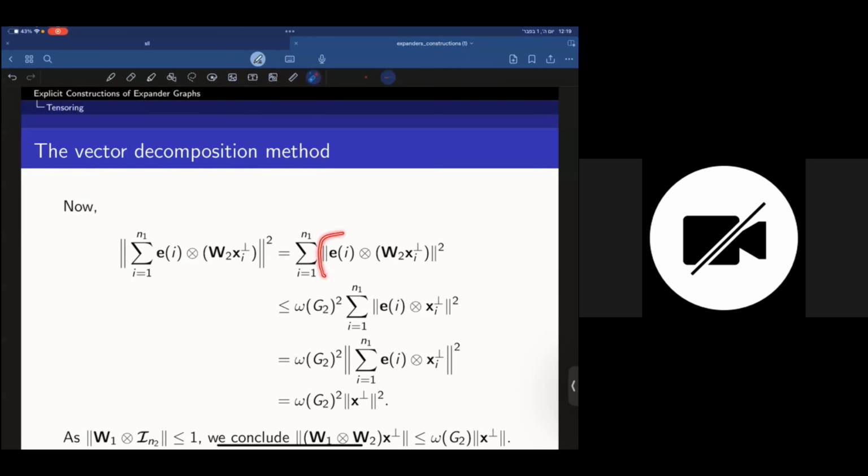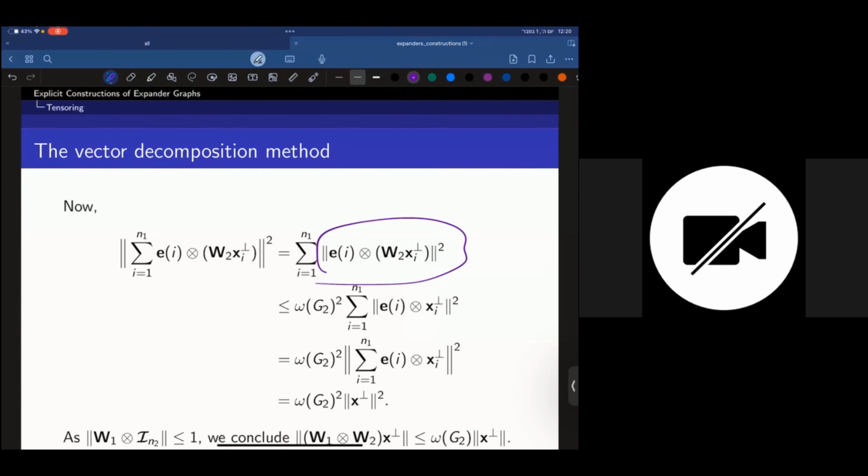Good, so now we are focusing our attention here. I think I did 3 steps together, but anyhow. What I should have said is that the norm of the tensor is the product of the norms. And then W2 applied to X perp will give you omega 2, and then put it back. Sorry, I don't know why I did it like that. I was so careful not to miss anything, and I went 3 steps together.